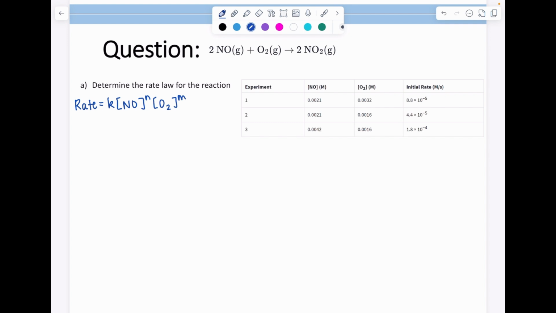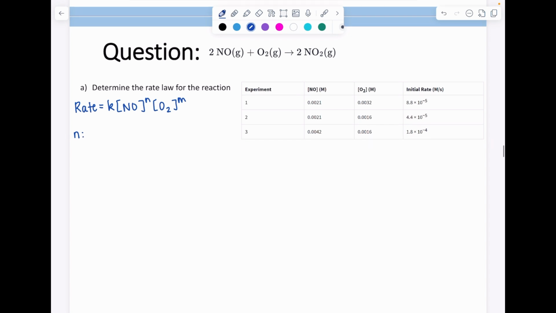So let's start with n, the reaction order with respect to nitrogen monoxide. We need to find a set of experiments, so 2 rows, where the concentration of O2 stays the same but NO changes. That way we can determine how the concentration of NO impacts the rate of the reaction.